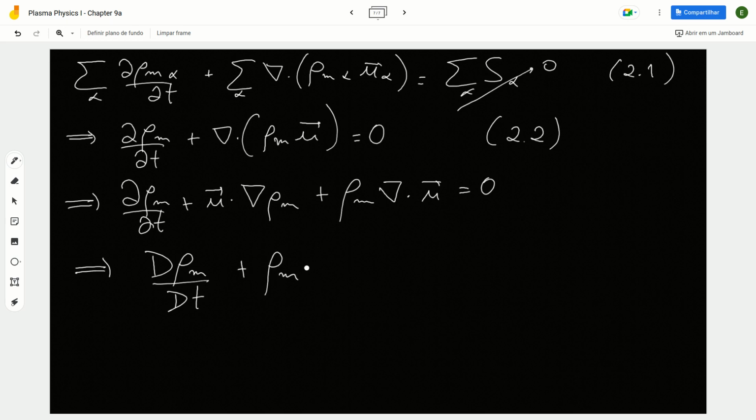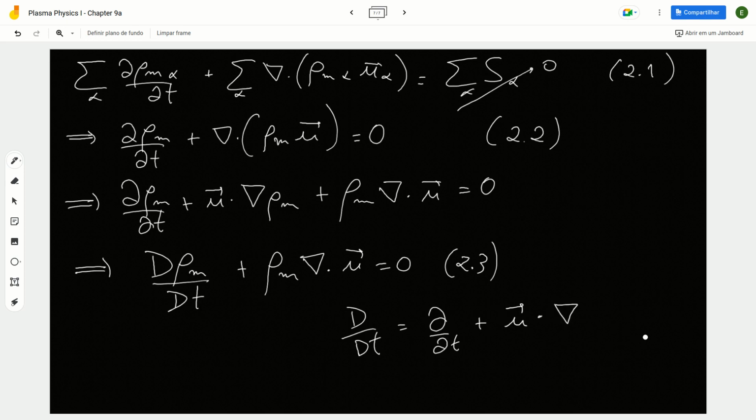It's basically the same thing. 2.3. So dt is just this differential operator. Okay, this is our continuity equation, the first equation for our magnetohydrodynamics equations.